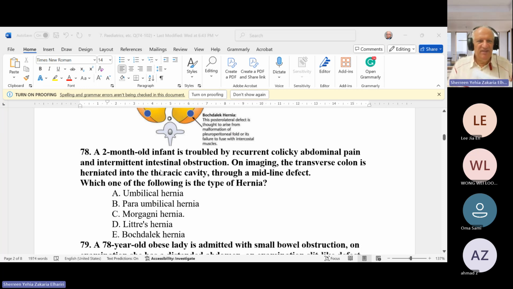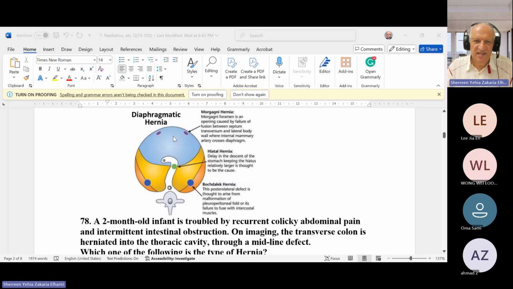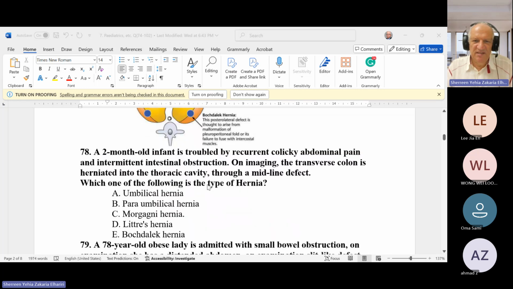Second, a 2-month-old infant is troubled by recent colicky abdominal pain and intermittent intestinal obstruction. On imaging, the transverse colon is herniated into the thoracic cavity through a midline defect. So she is young, congenital, and something from the intestine is in the thoracic cavity anteriorly, because it is a midline defect, anterior midline.